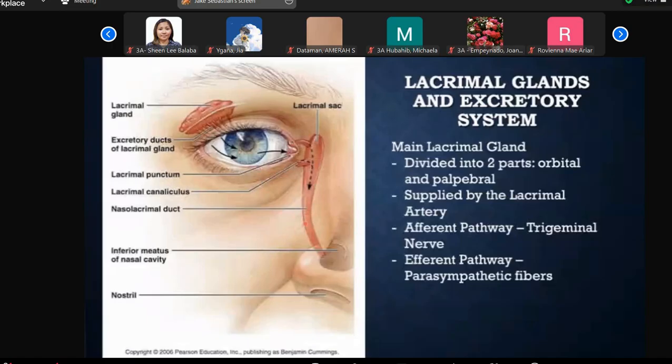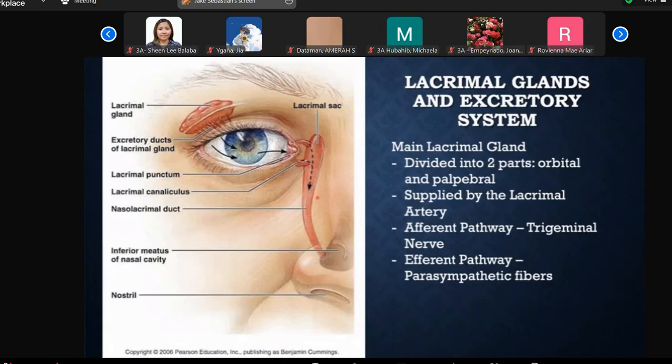We want no accumulation of fluids in the sac, so we instruct patients to do lacrimal sac massage. This is called the Crigler maneuver, when you massage downwards. But since there's already an obstruction at the end of the duct, we do a reverse Crigler. We massage here, but we ask them to push the fluid back through the canaliculus and the punctum.